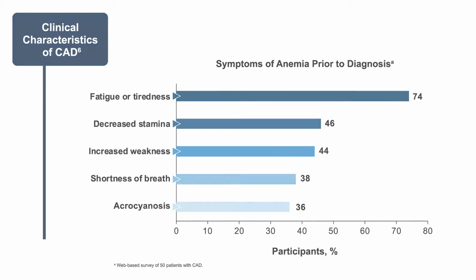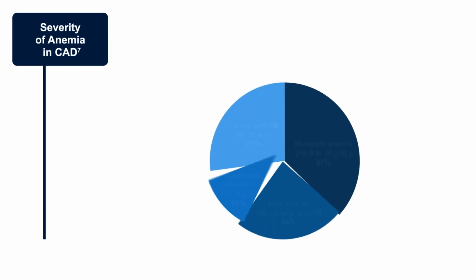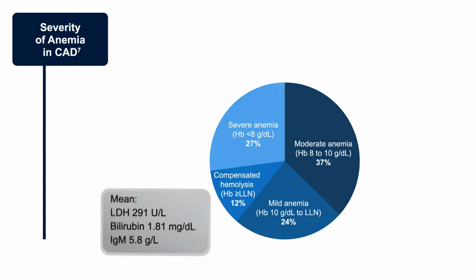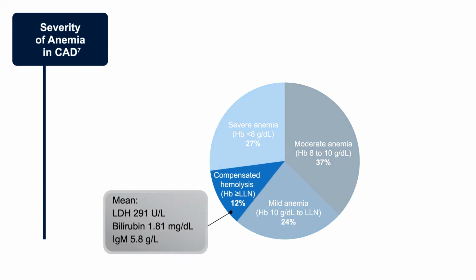The severity of anemia in cold agglutinin disease can vary. Some of these patients, 12% or so in this particular study by Dr. Berenson, had what we term compensated hemolysis, a hemoglobin that is normal, greater than the lower limits of normal.